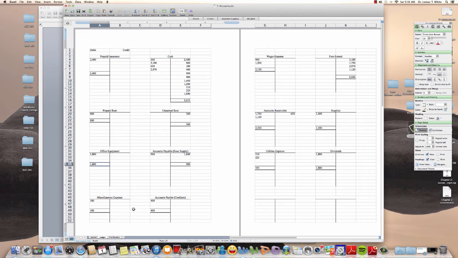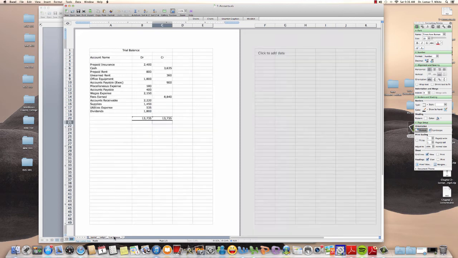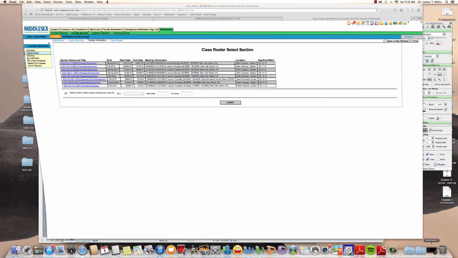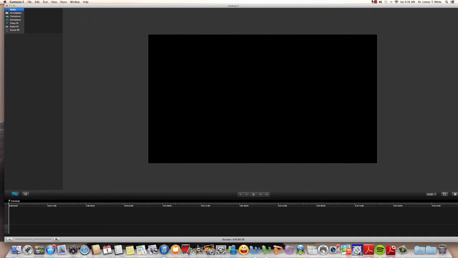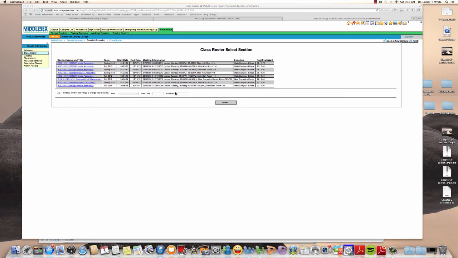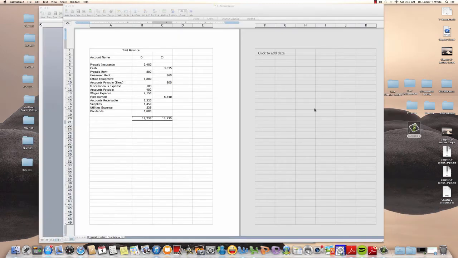We balanced our accounts, and then we prepared our trial balance. So, now that we've done our trial balance, it balanced.